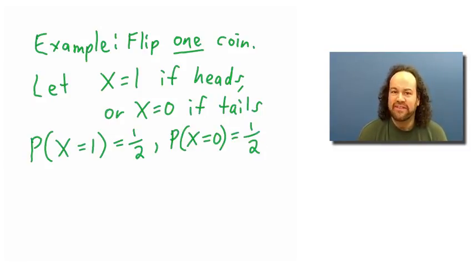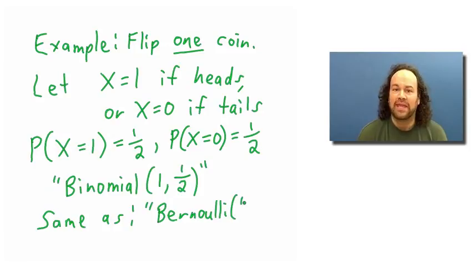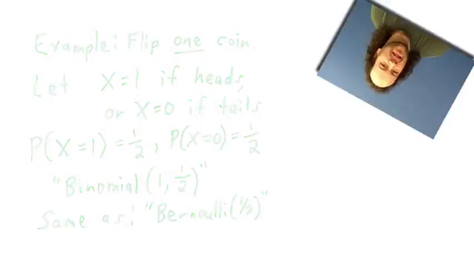So we could call this the binomial 1, 0.5 if we wanted. We also call this the Bernoulli a half distribution. And this is a special name to mean we just did one experiment and the probability of success, or 1, was a half. Otherwise, we get 0.